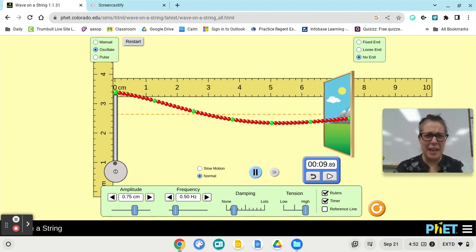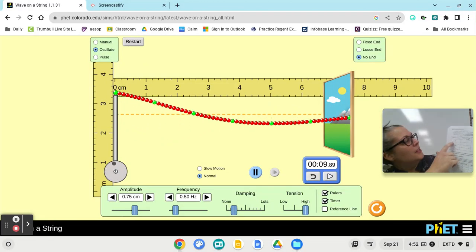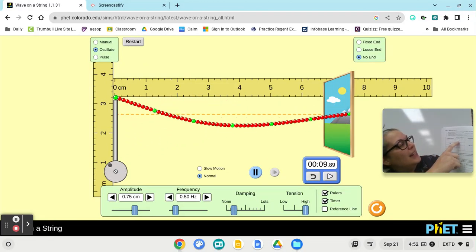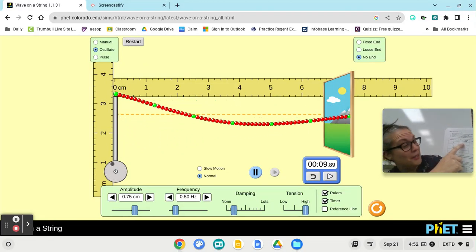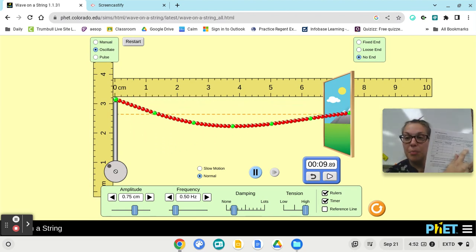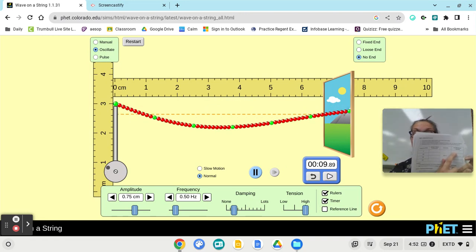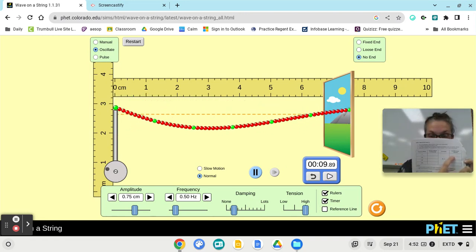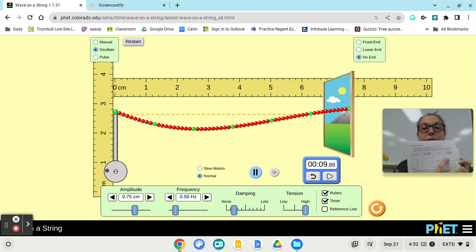Why aren't you guys yelling at me? Hopefully you're yelling at the screen. So at 0.5, we said it happened 5 times over 10 seconds. 5 divided by 10 is 0.5. So we had 0.5 waves, half a wave, occur every second.